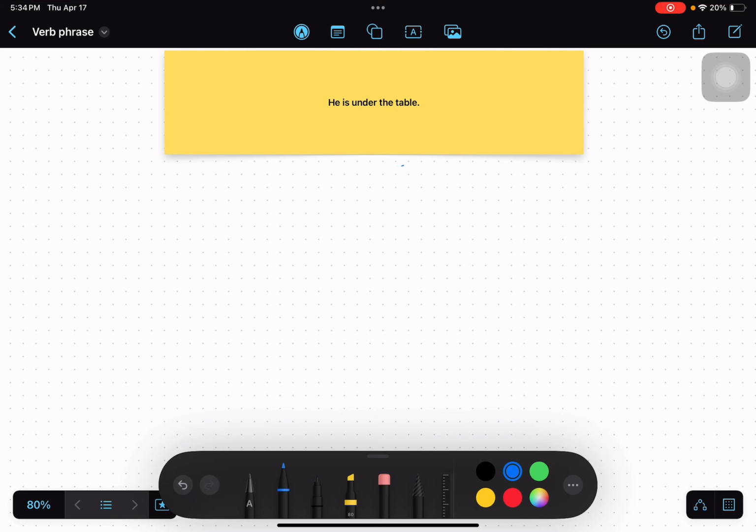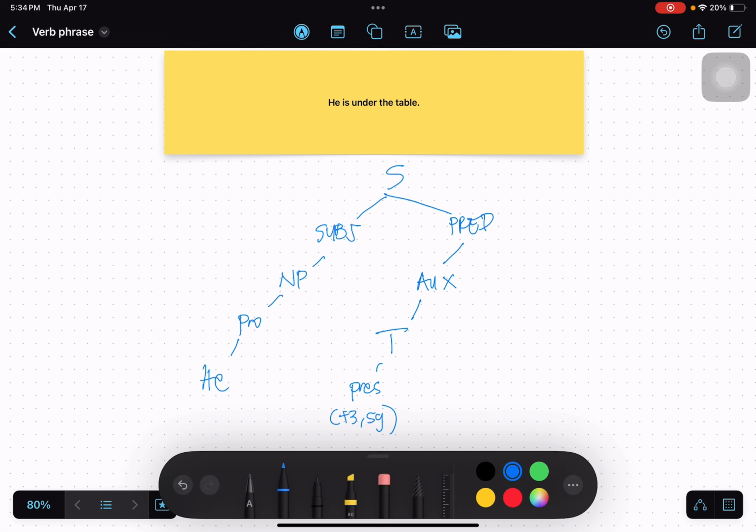Here we have S, subject, NP, pronoun, he, and then the predicate, auxiliary, tense again, present, plus 3, singular, third person singular.